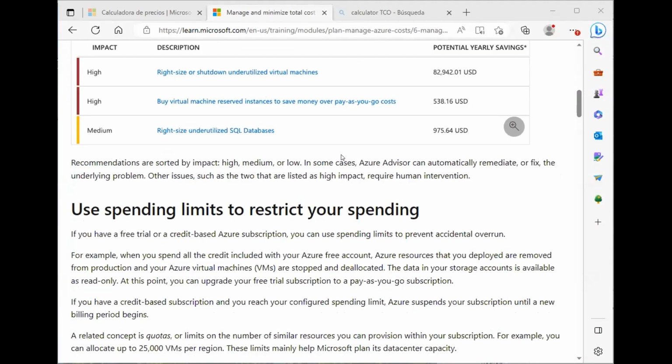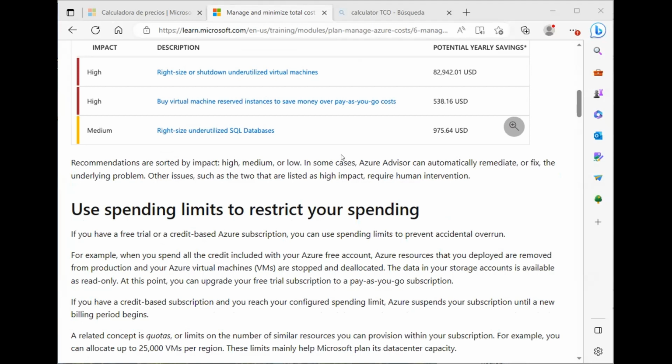Use spending limits to restrict your spending. If you have a trial or credit-based Azure subscription, you can use spending limits to prevent accidental overrun.